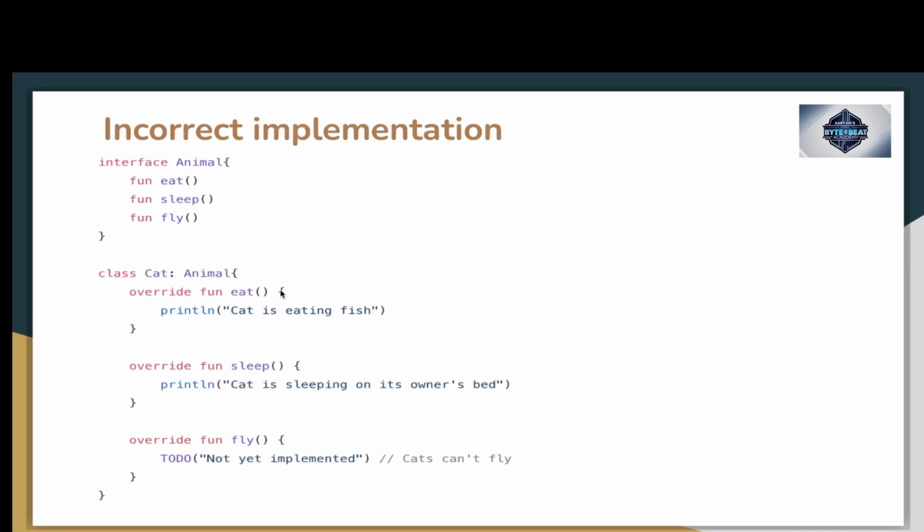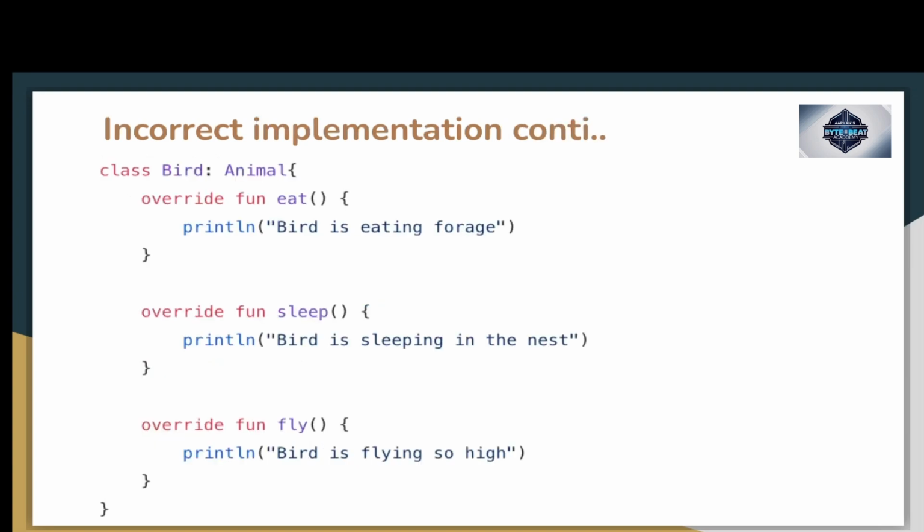So the eat method is required, the sleep method is also required, but as this is a cat class and cats do not fly, the fly method is not necessary to be implemented by this cat class.